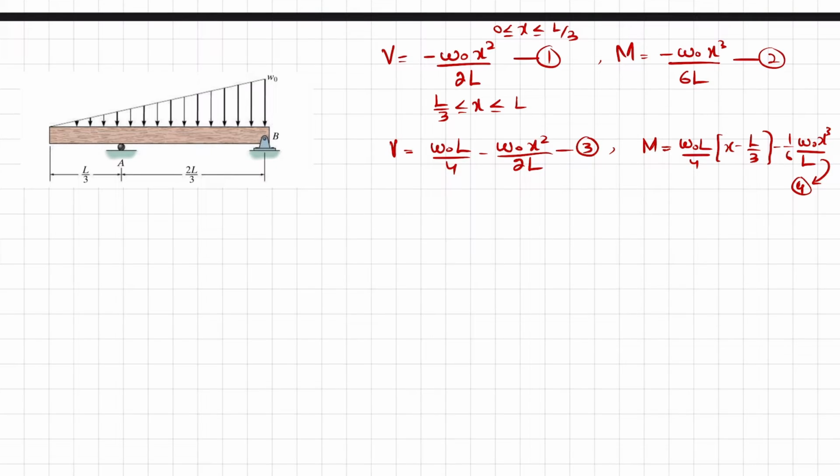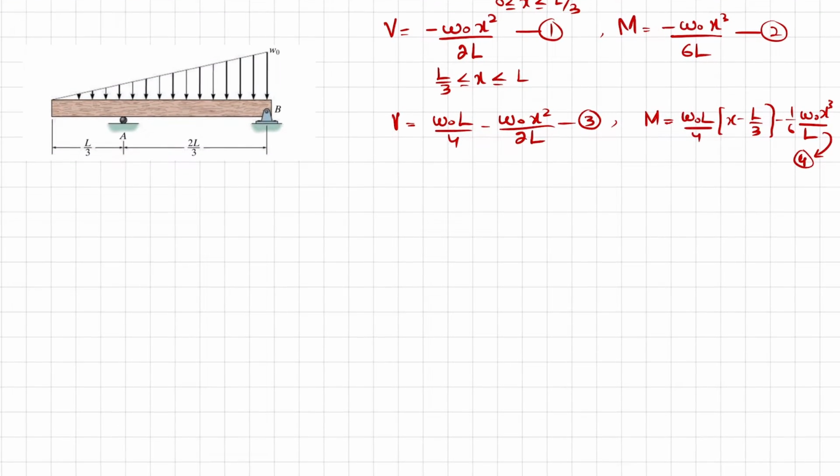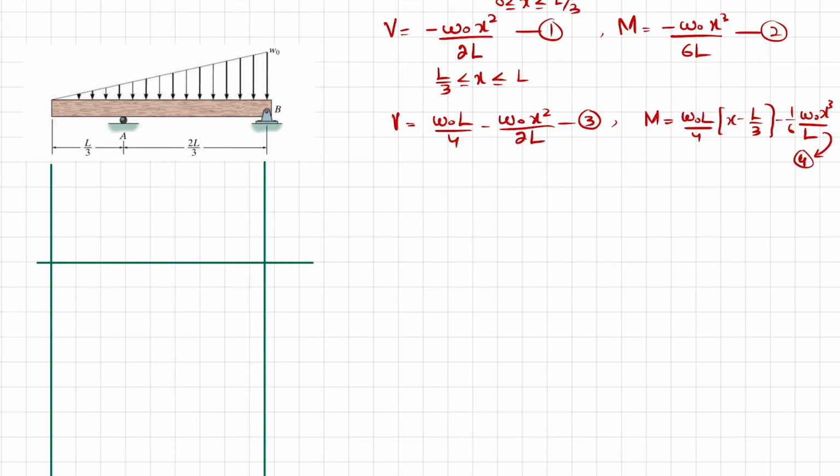Okay, so we will draw the shear force and bending moment diagram. Let's start with that. For that I have to draw vertical lines from the end as well as from this edge. This will be along the length, x will be along the length, and here we will draw the shear force.